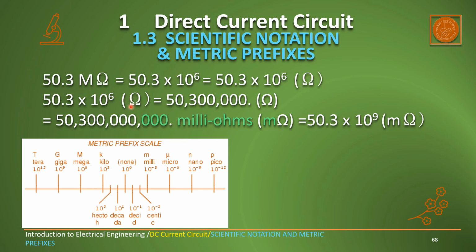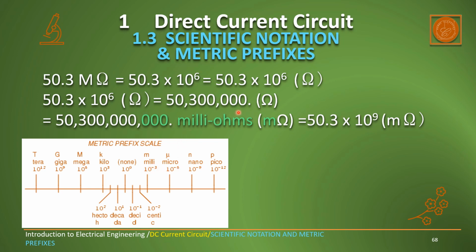Since this unit is ohm, we can write it like this: 503000000. We can think of the decimal point as being after the last zero. And because this unit is ohm, if we want to change ohm to milliohms, since milli is on the right side of the unit, the power is 10 power minus 3.